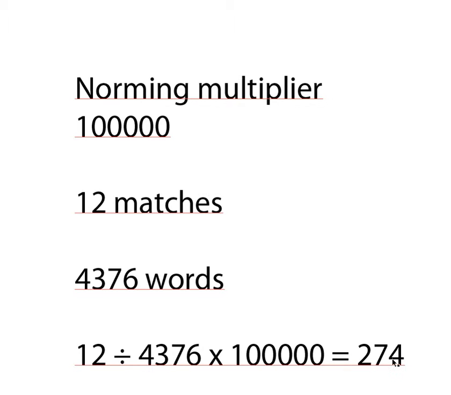It's still a round number, but I'm able to see that it's not really 3 per 1,000 words, but rather 274 per 100,000 words. And the math is pretty simple. You take 12 divided by 4,376 and then multiply it by 100,000. So what you get is greater precision with a higher norming multiplier.